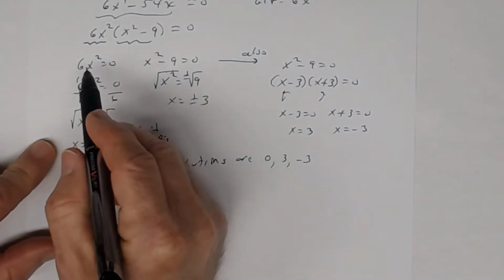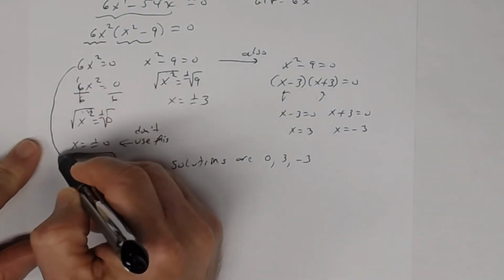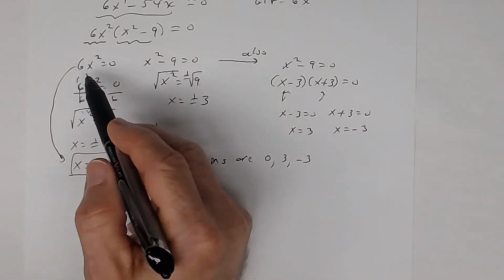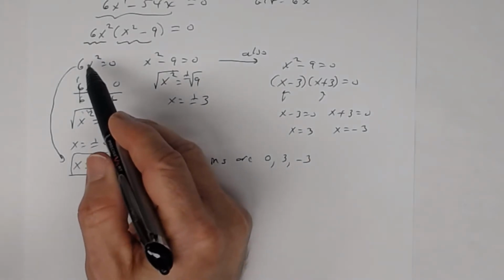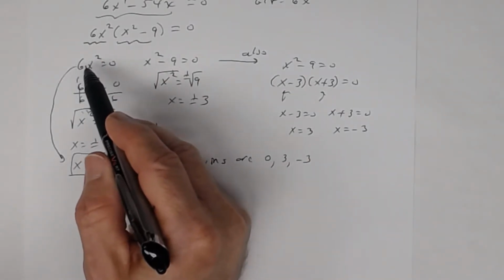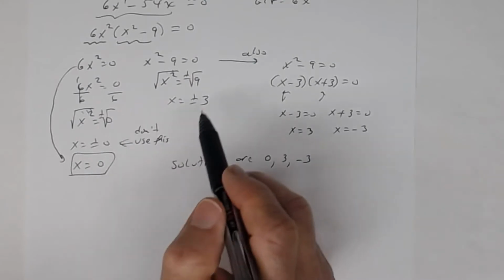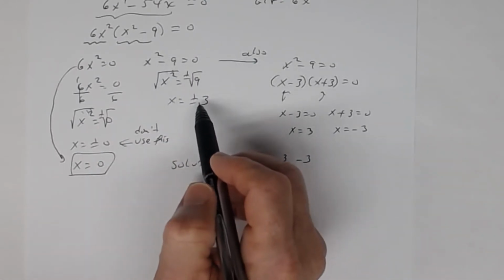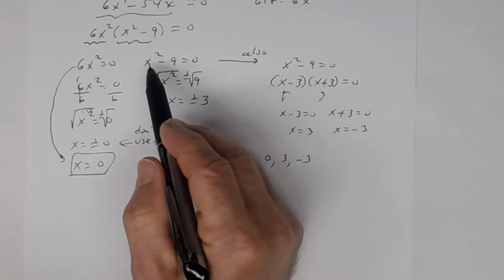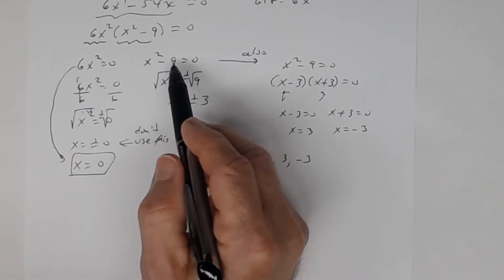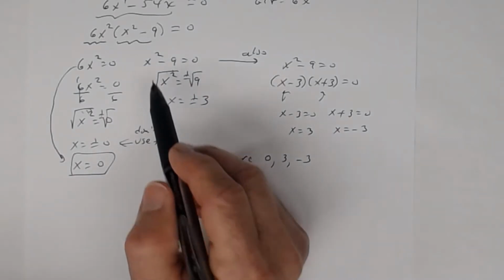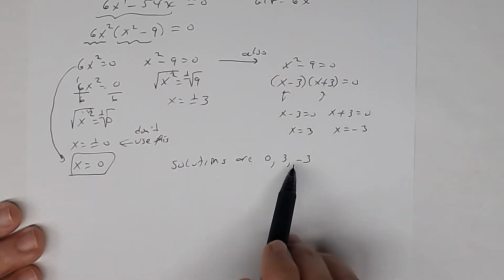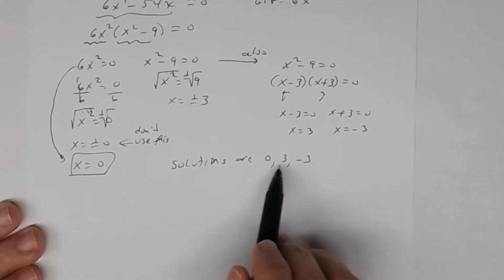You can go from here to this without doing this, because I would expect you to know that if you have a monomial, then x has to be 0 in order for this product to be 0. All right? And over here, this is easy enough that you can go from here to this as well. Because what number squared minus 9 is 0? Well, positive 3 and a negative 3, right? Okay. But you must write your solutions separately, distinctly.